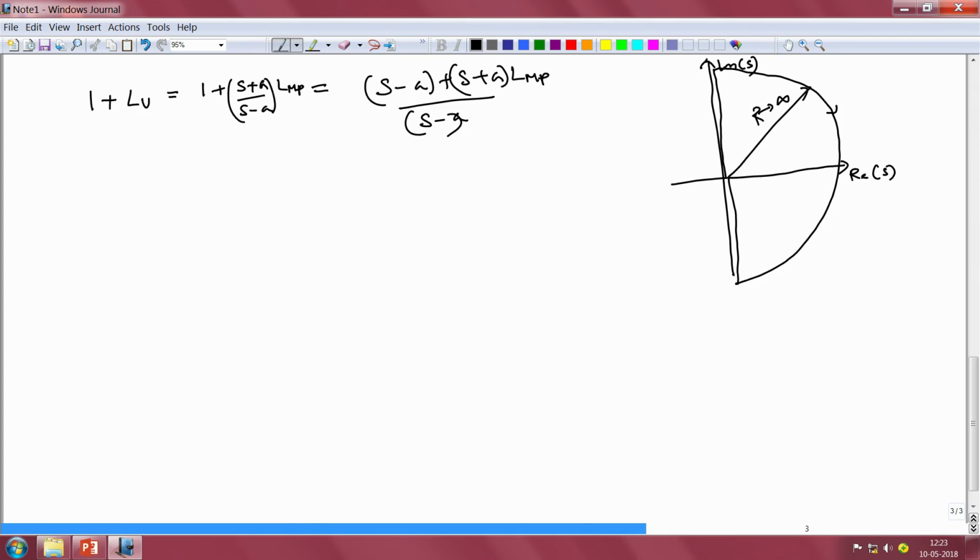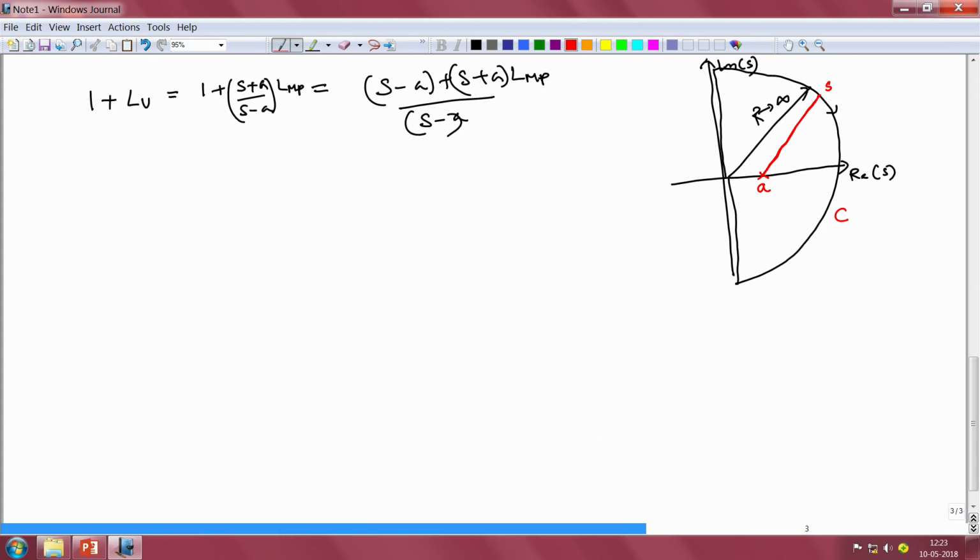Now we note that in this particular case we have an open loop pole, namely s is equal to a, within the D-shaped contour. So the complex number s minus a, for points s on the contour C that we have drawn here, is going to be given by this particular phasor.